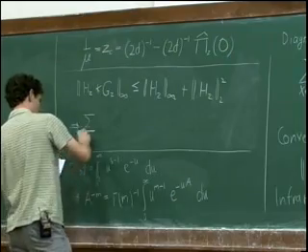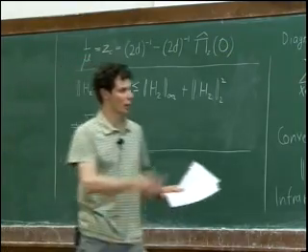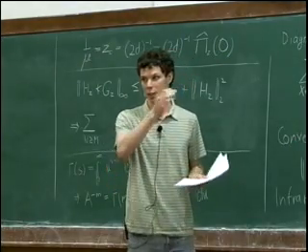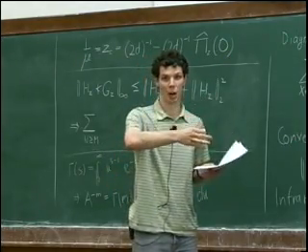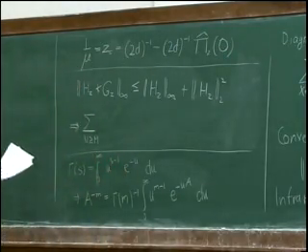And the consequence of this is that if you truncate a geometrically convergent series, the tail will be dominated basically by a constant times the first term when you truncate.